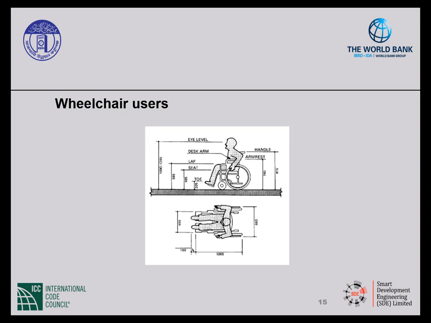As you can see, the width of the wheelchair may be indicated as 660 millimeters, but we also have to think about the wheelchair user operating the wheels and allowing for space for their hands. So the dimensions that we see on the screen are what are going to drive a lot of what we see in the code.